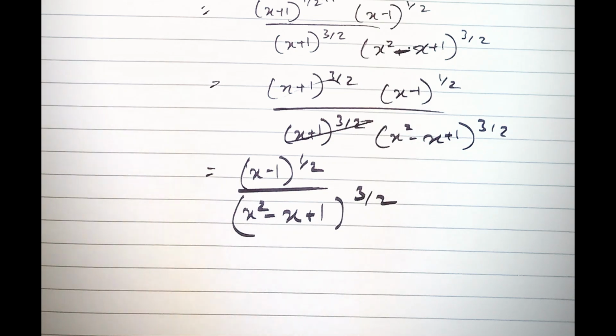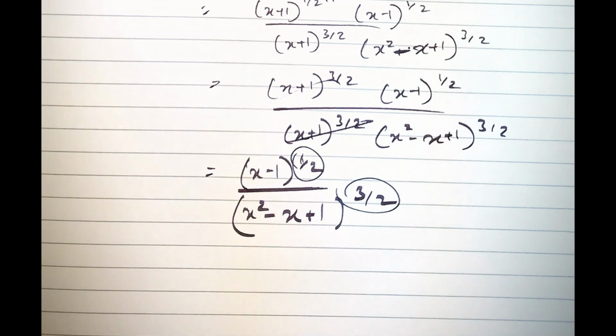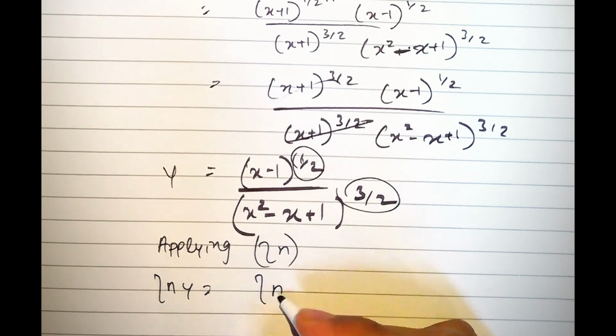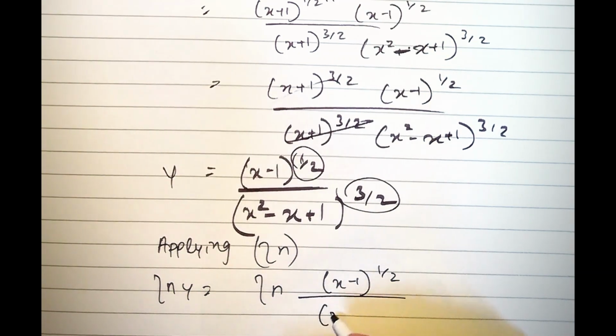And now I told you in the previous video that when we are having powers, we are going to use natural log. So we are going to apply natural log on both sides of the equation. It would be much simpler to solve it when we apply the logs on both sides of the equation. So we have y over here, so we can apply the logs. So natural log of y would be equal to natural log of x minus 1 to the power 1 by 2 over x squared minus x plus 1 to the power 3 by 2.